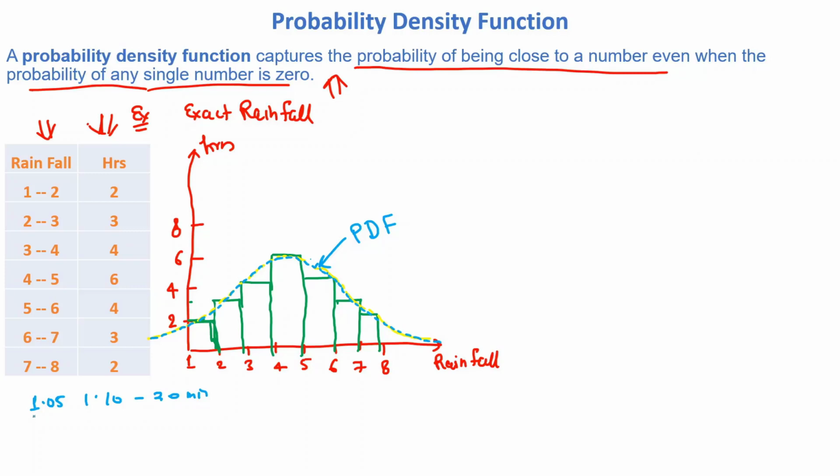Then you have 1.10 to 1.20, you have around 10 minutes. With such small data sets you will get very small histograms like this.